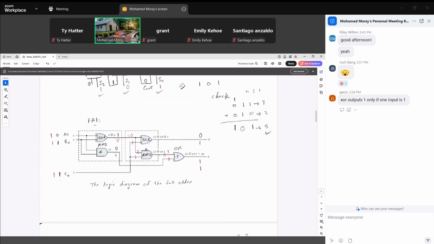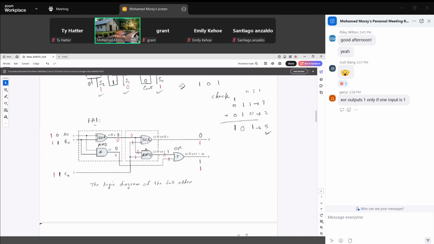So we have 1 and 0 here. This one is applied to the second exclusive OR. And the other input of this exclusive OR came from carry in. So C0 is 1. So again, different inputs.